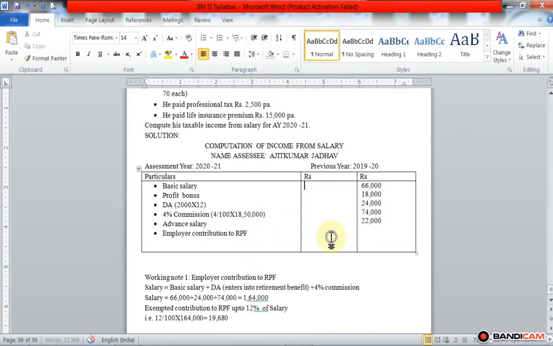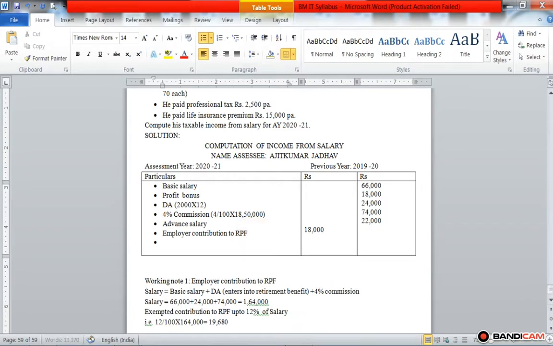Here the employer contributed rupees 18,000. So 18,000 is below 12%, and the whole amount is allowed as exemption.